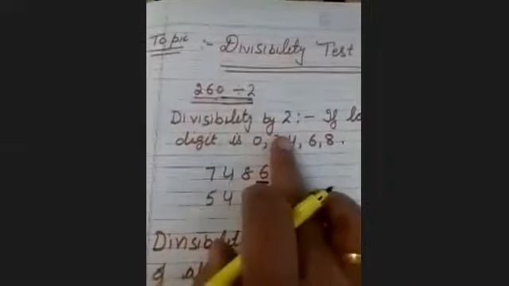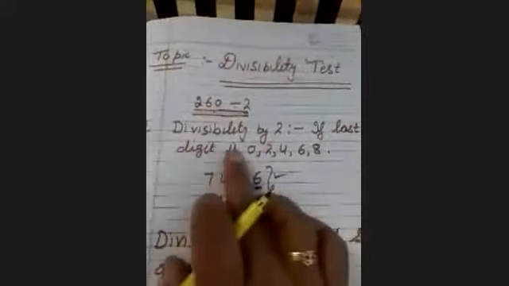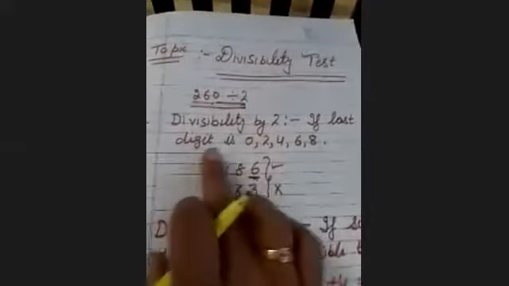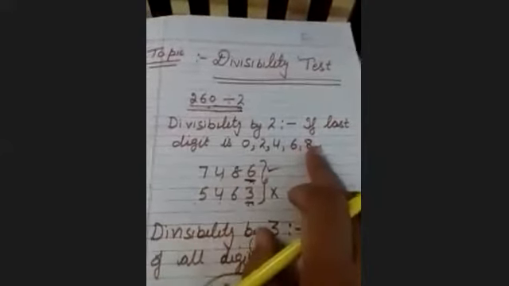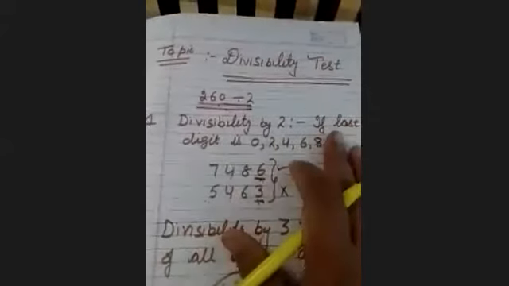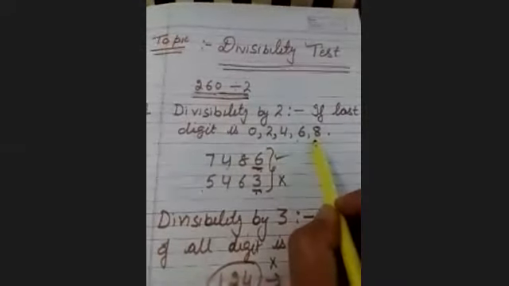First is divisibility by 2. A number is divisible by 2 if its last digit is 0, 2, 4, 6 or 8.